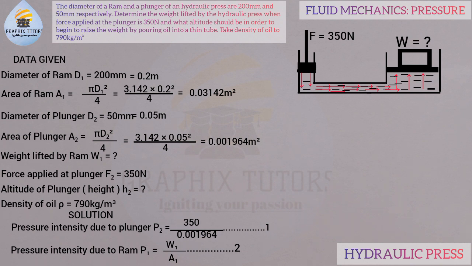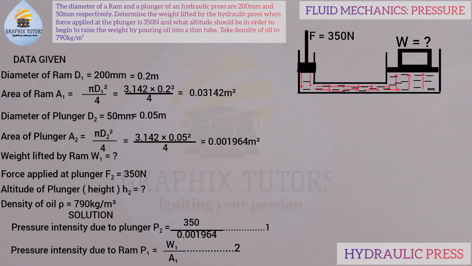Now we know the 2 parameters there, so we can easily use equation 1, because when you have just only 1 unknown, you can actually use the equation. But when you have more than 1 unknown, then it will still remain an equation. So I can use equation 1. Why can't I use equation 2? This is the reason here. We don't know the pressure P1. We only know the pressure P2.